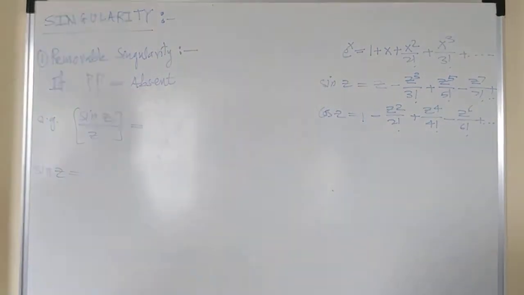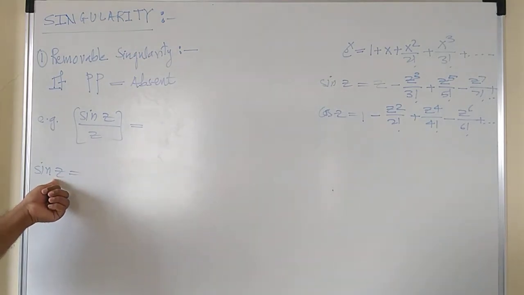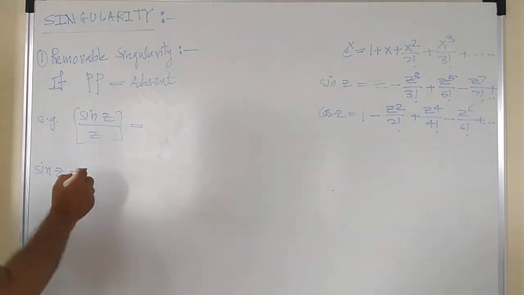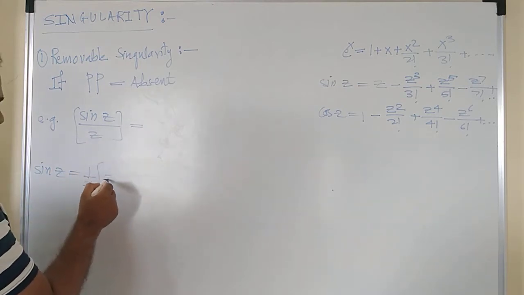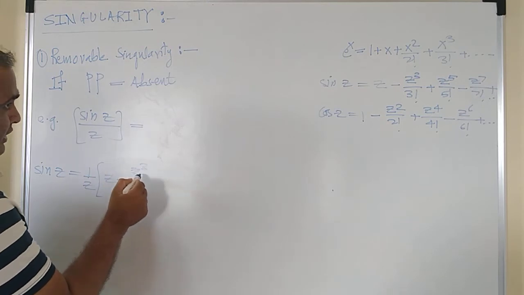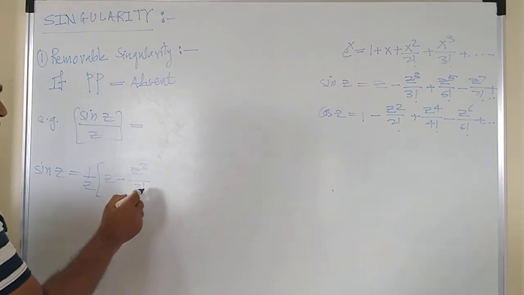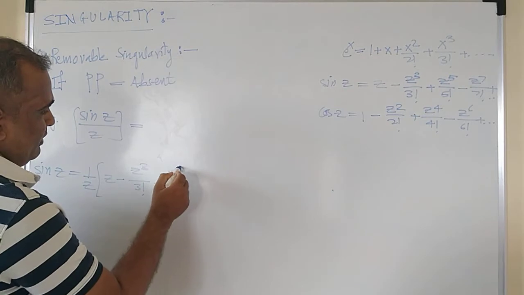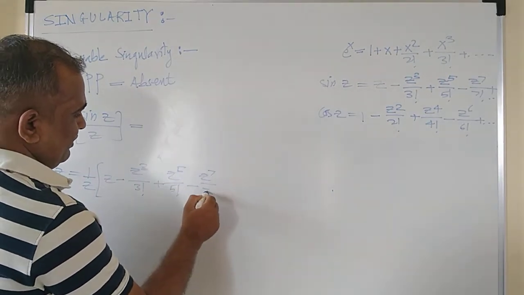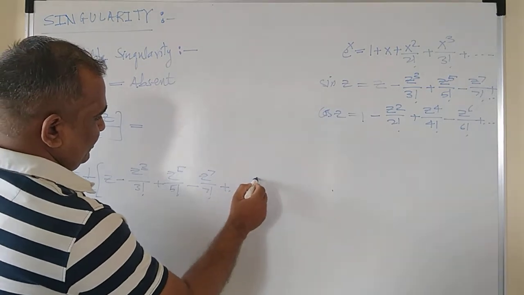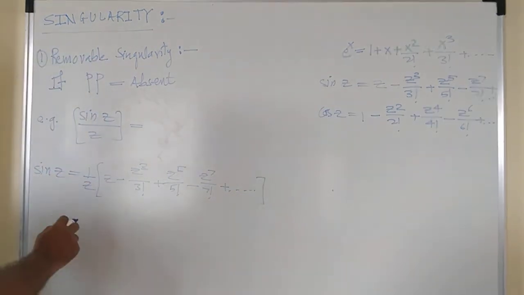And here you need this sine series. So for sin z by z, I will write 1 upon z outside the bracket, and inside the bracket you will get z minus z cube by 3 factorial plus z raised to power 5 by 5 factorial minus z raised to power 7 by 7 factorial plus dot dot dot, infinite number of terms.